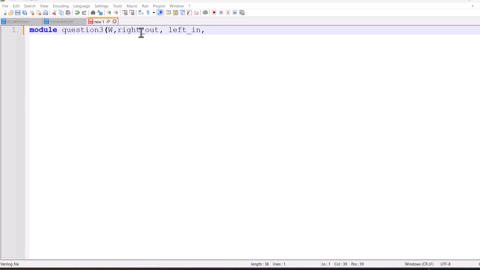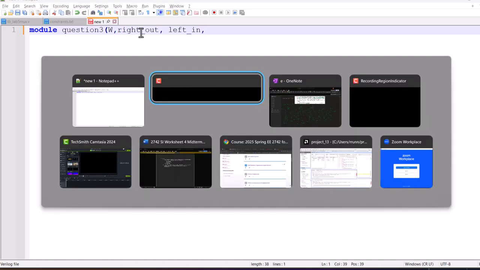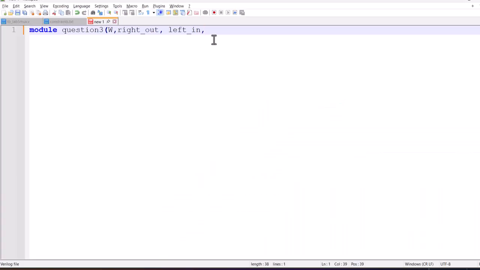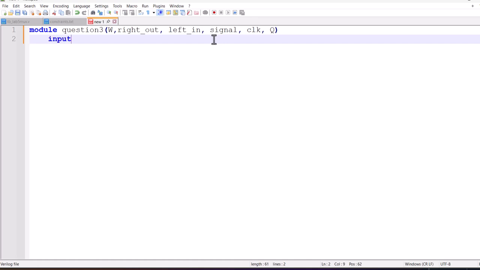Alright, that was an output, but our inputs were W, left in, and signal. It doesn't say when it should do this. Let's do this on the positive edge of the clock. So let's have a clock. And let's have our output. Do you want to call it Q or Y? I'll call it Q. Q will be our output. Okay, and so then we'll have input.